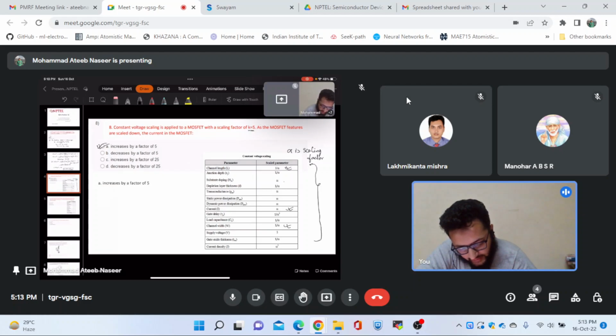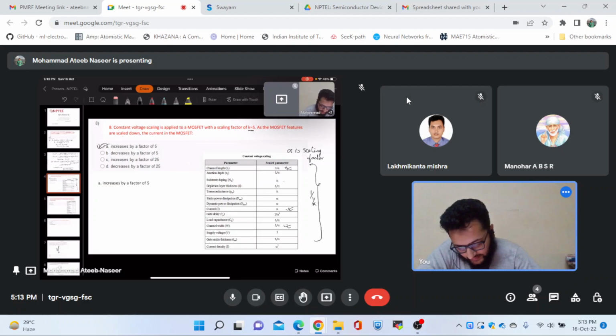For the mobility, you need to look into the things. And for COX, when we divide epsilon ox by TOX, it will be 1 divided by 1 by alpha. So this alpha will come in the numerator, and this will be the multiplication factor of the current that we will be getting.